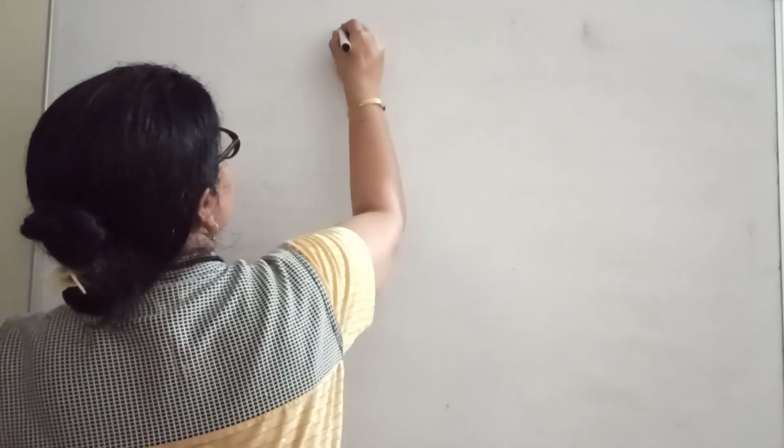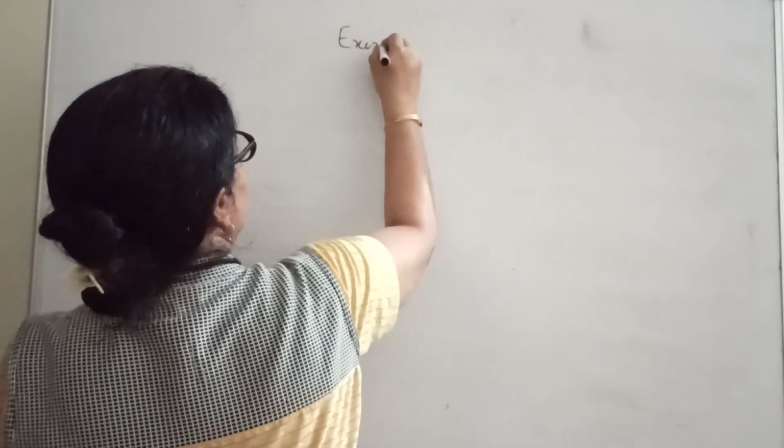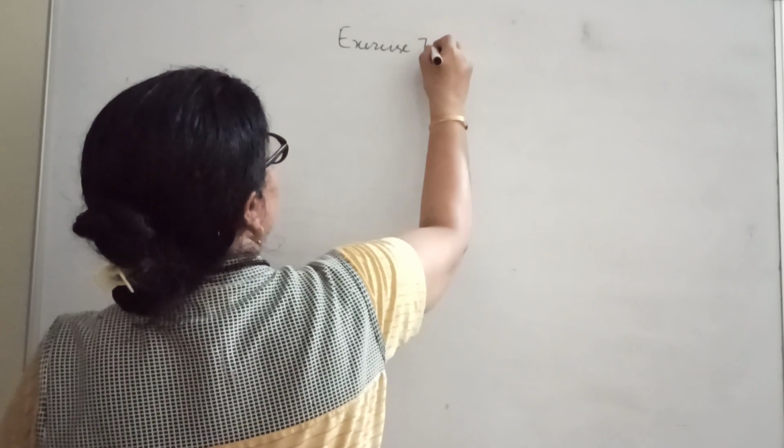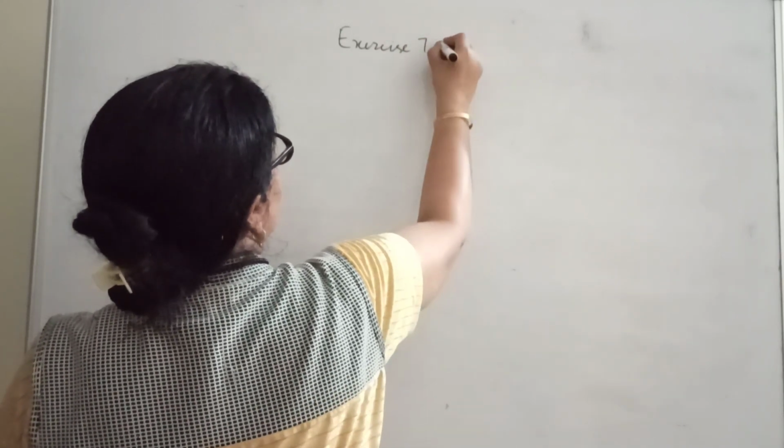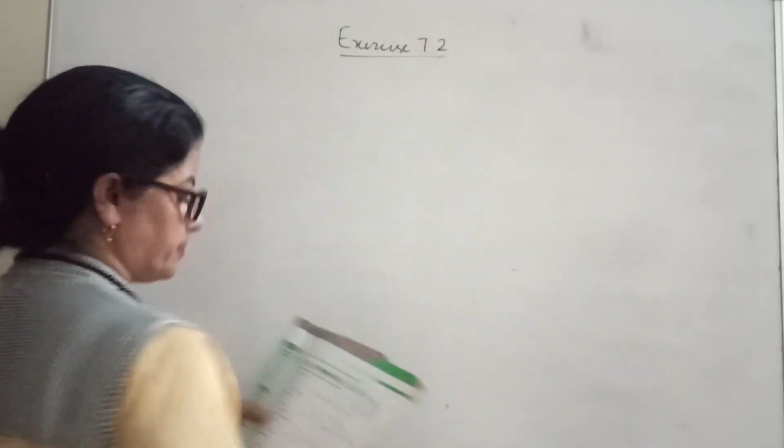We are starting exercise 7.2. Exercise 7.1 we have done yesterday. Now 7.2 we are starting. Question number 1, first part: two triangles are given to us, ABC and DEF.